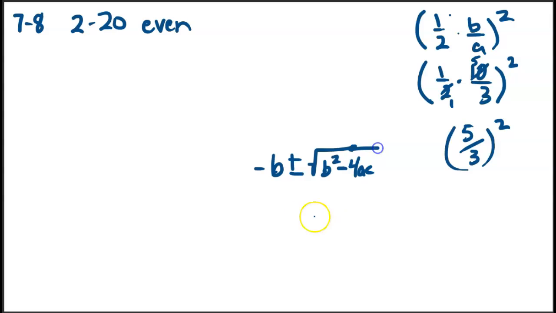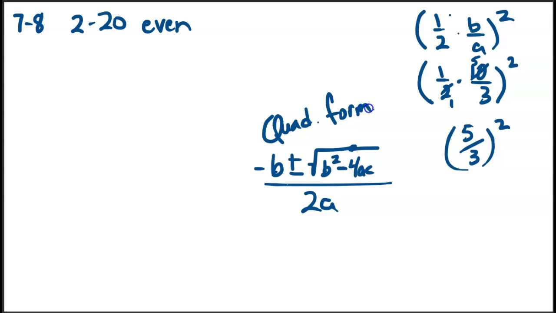I'm having to check right now. At one time I did have this memorized and I could just rattle it off quickly, but I'm checking to make sure I get it right. Okay, this is the quadratic formula. And you can use this formula right here for numbers 10 through 20 even. Okay.